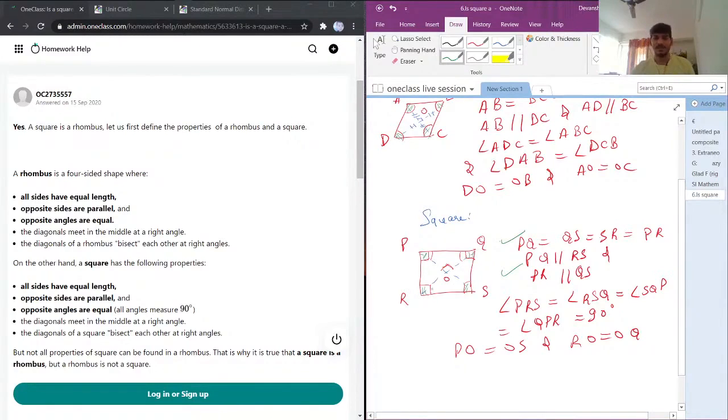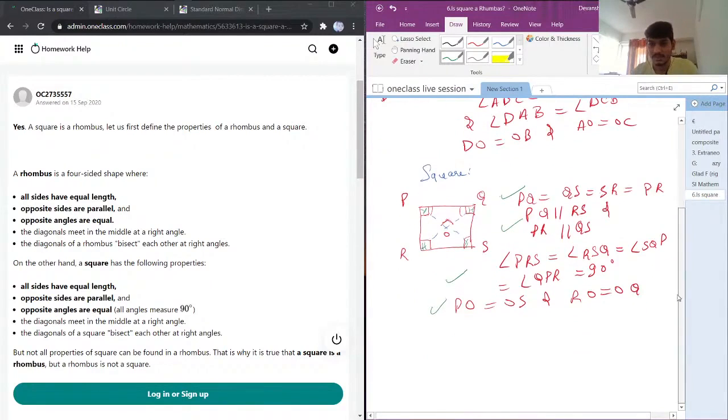So the opposite angle condition is satisfied. Again, in a square also, diagonals bisect each other at 90 degrees. We can see that here we have AO equal to OC and DO equal to OB, and we have PO equal to OS and RO equal to OQ. So again, the condition is satisfied.